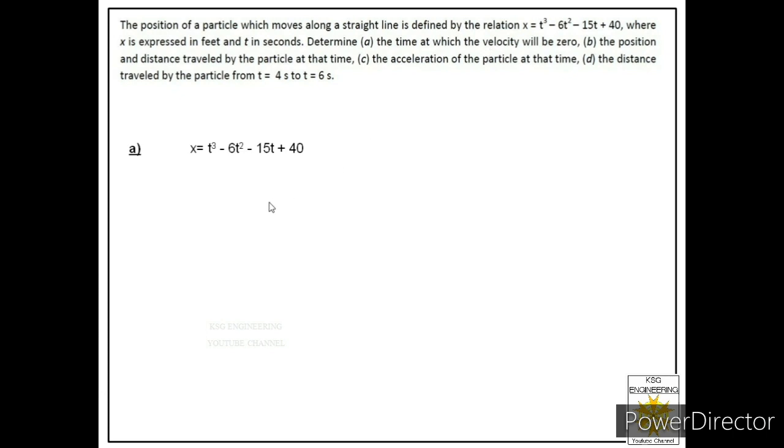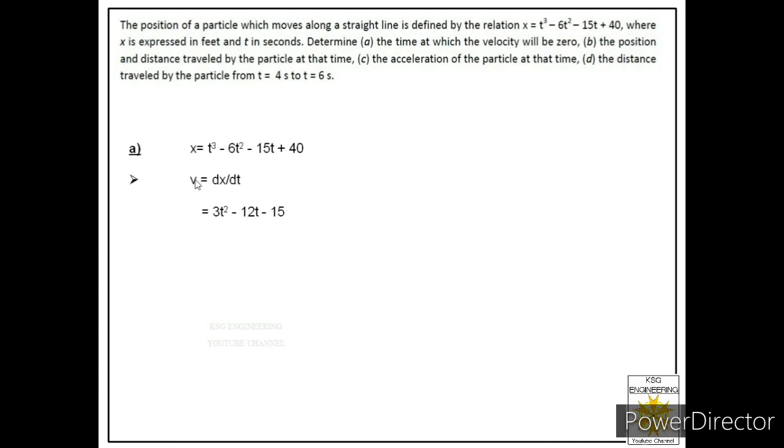If we are given the equation of position, then we can find the equation of velocity by taking the derivative. So v will be equal to dx by dt. Taking the derivative with respect to time, the equation of velocity is 3t square minus 12t minus 15.